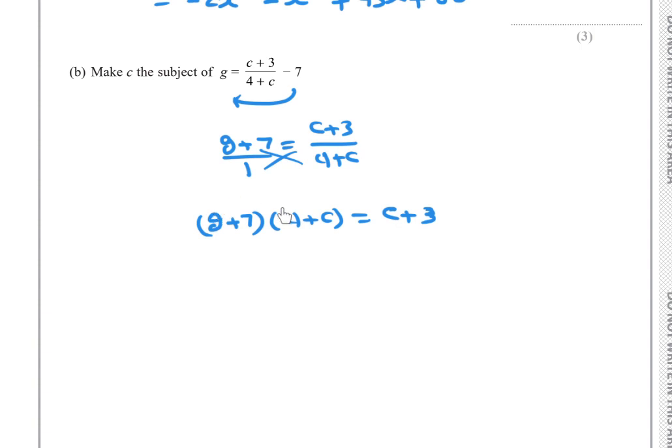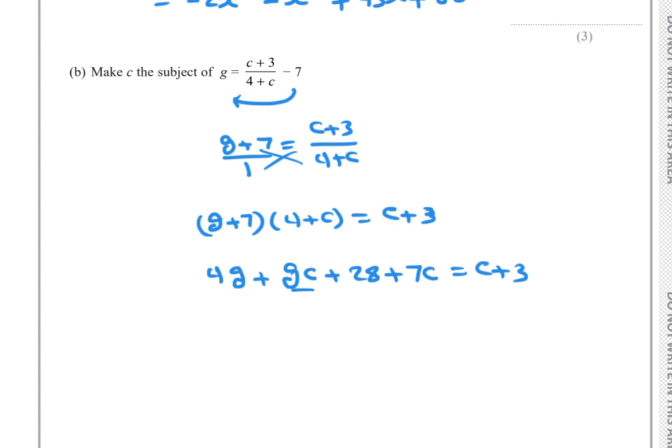Now expand G times 4, 4G, and G times C, GC, 7 times 4, 28, and 7 times C, 7C, equals C plus 3. I need C as the subject, so keep C on one side and the numbers on the other side.